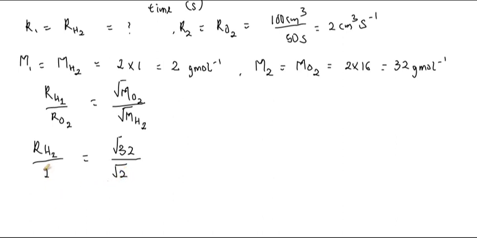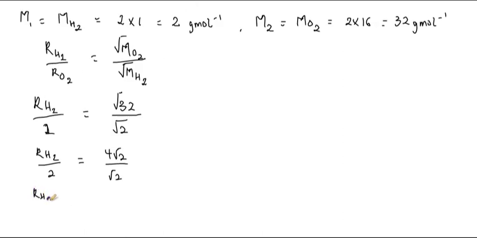Here I have RH2 over 2 equal to the square root of 32 over 2. Now I have that to be 4 root 2 divided by root 2. So RH2 over 2 equals 4 over 1. Hence, cross multiplying, RH2 equals 4 times 2 over 1, which is 8 cm³ per second.